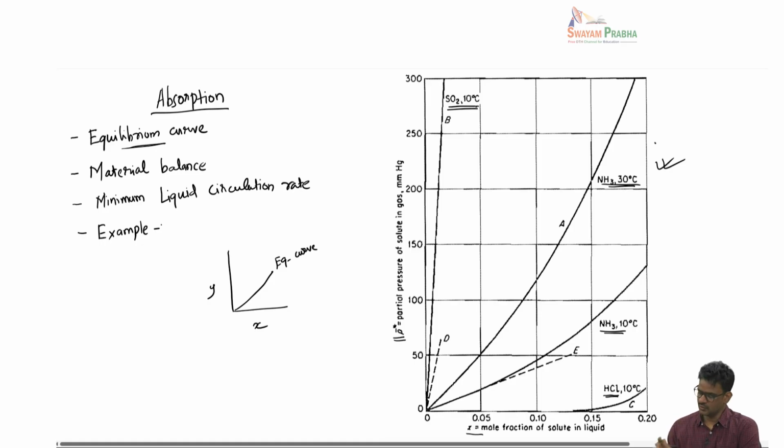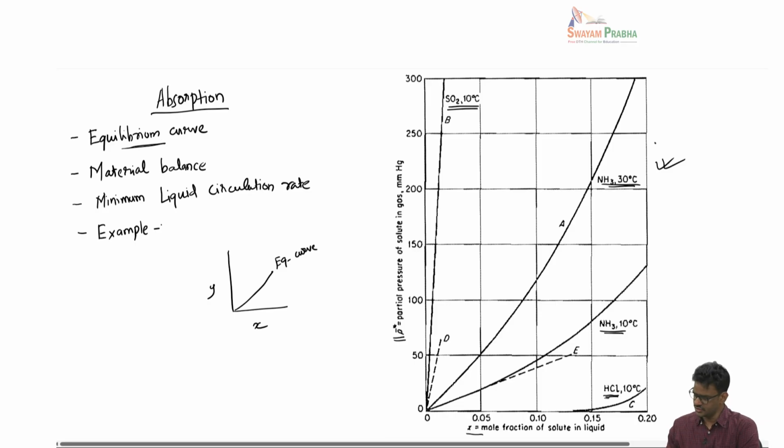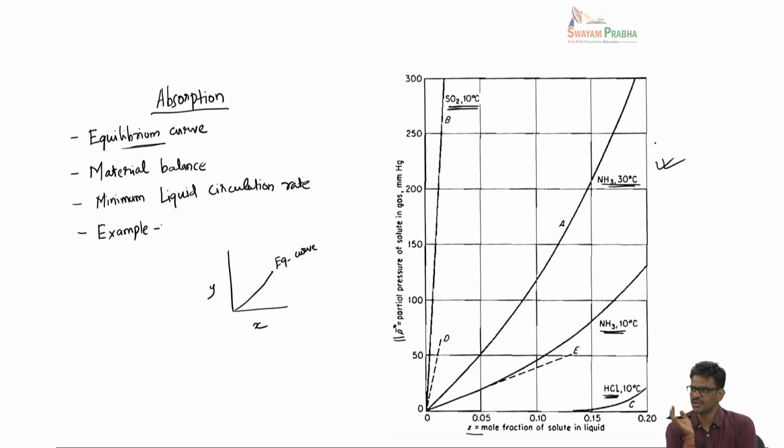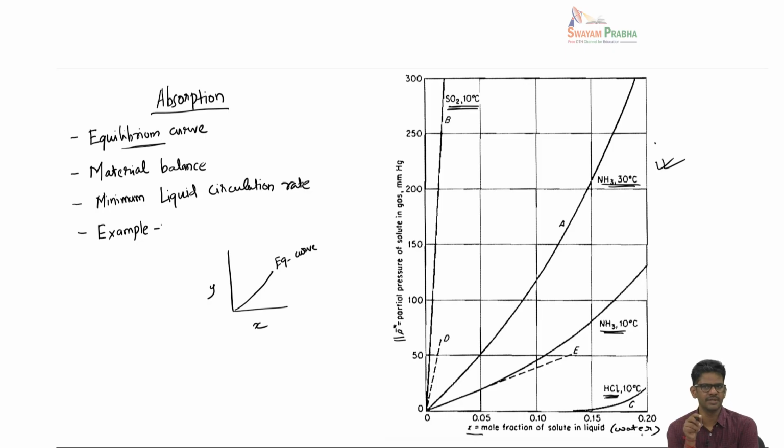First of all, if you look at the data corresponding to the same temperature, let's say 10 degrees, between HCl, ammonia and sulfur dioxide, by looking at the shape of these curves, you can tell which gases are more soluble and which are not so soluble. So here the liquid is water. These solubility curves are specific to a given solvent. So here we are talking about solubility of various gases in water.